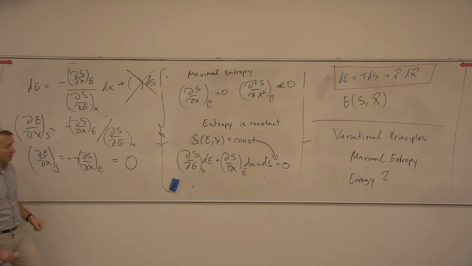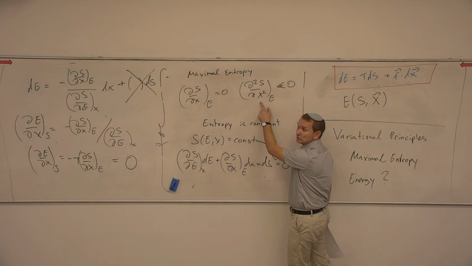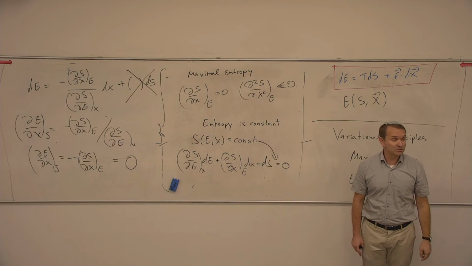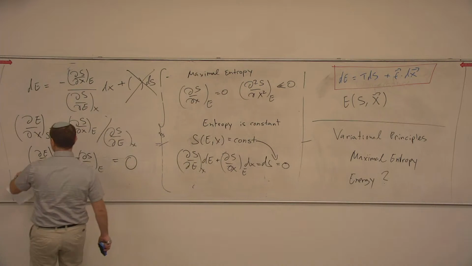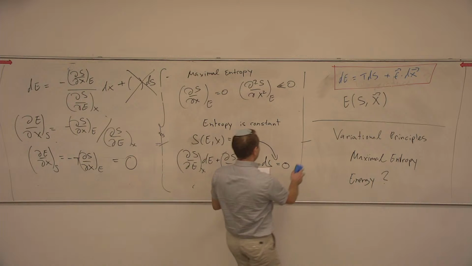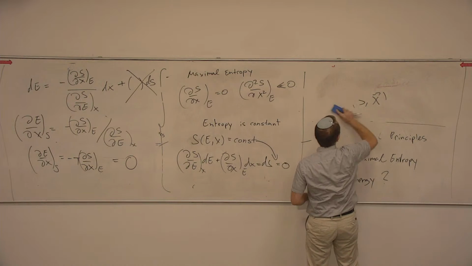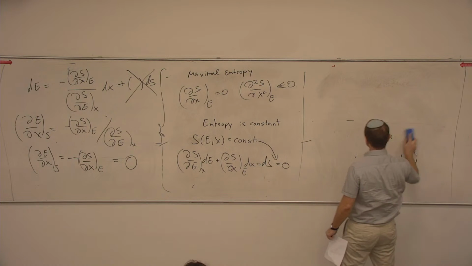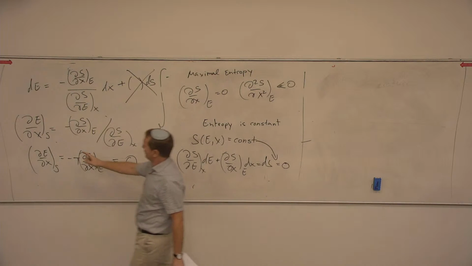This is a good sign. Now we have to go to the second derivative in order to find out whether it's maximal or minimal. So let's find out what the second derivative of this nasty guy is.